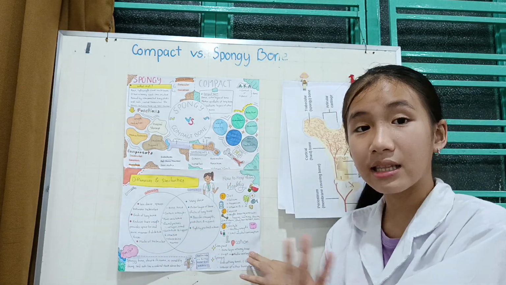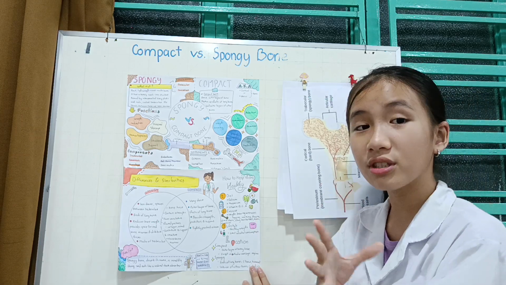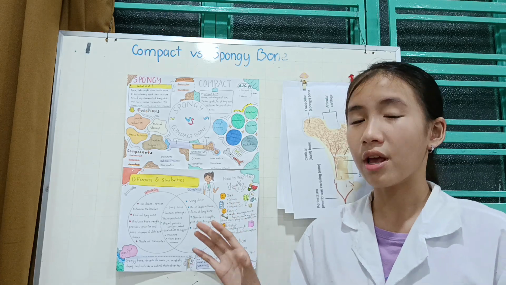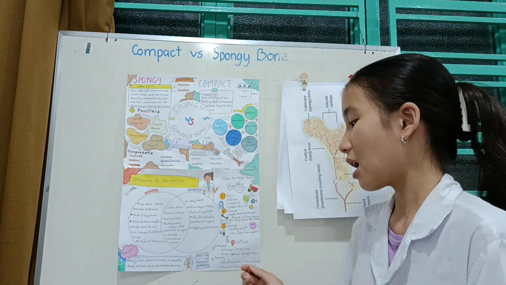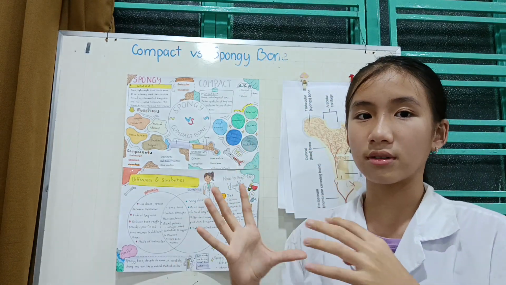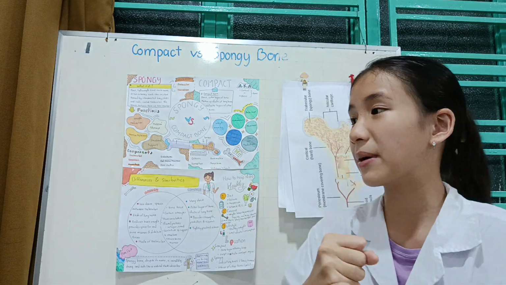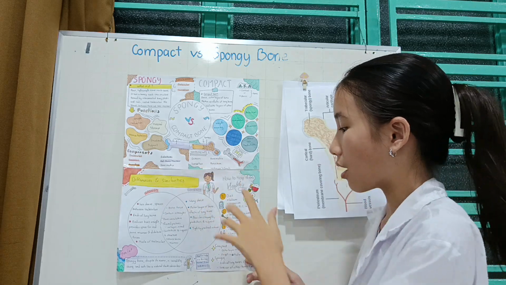So what is its location? I'll cite this again. The compact bone is usually located on the outside layer of every single bone except for the articular cartilage region. That is where the cartilage is. It's like a padding so that the bones won't crash against each other, rub against each other, and wear out this part, the cartilage, as well.